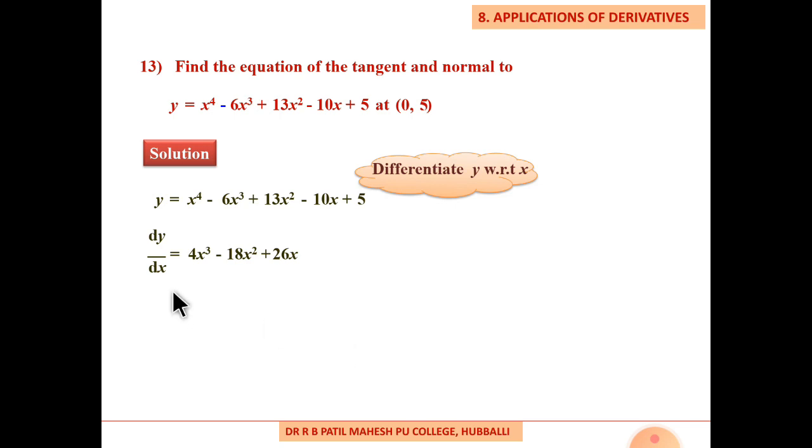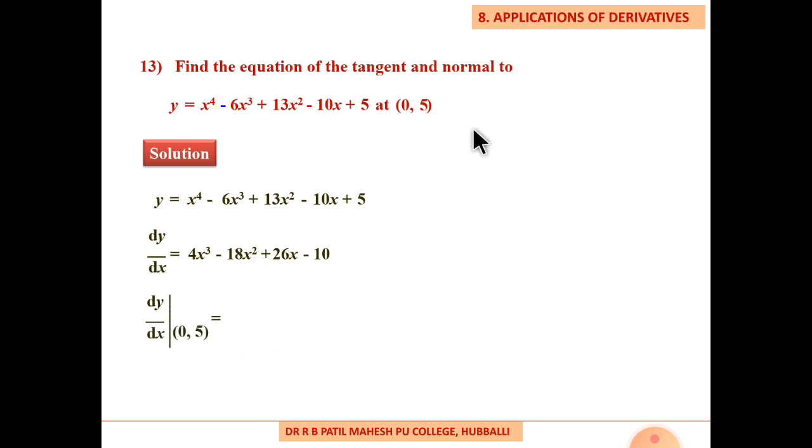Derivative of x raised to 4 is 4x cube. Derivative of 6x cube is 18x square. Derivative of 13x square is 26x. Derivative of 10x is minus 10. Derivative of 5 is 0. Now dy by dx at (0, 5), because the point is given here.